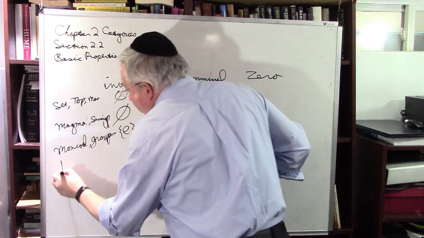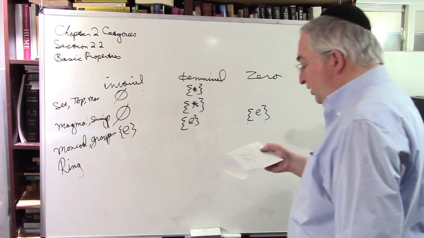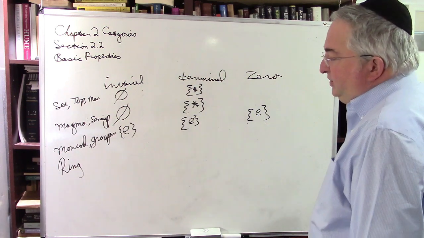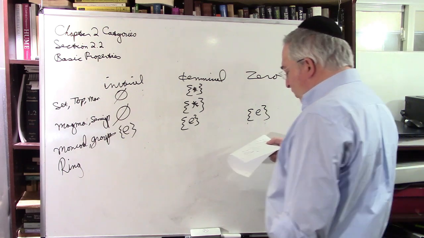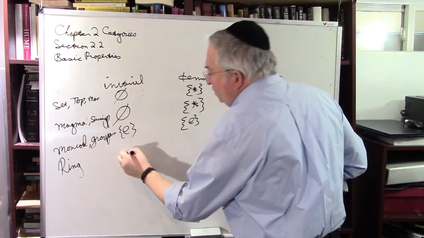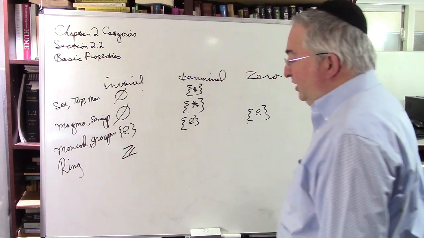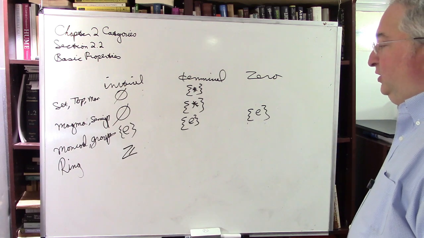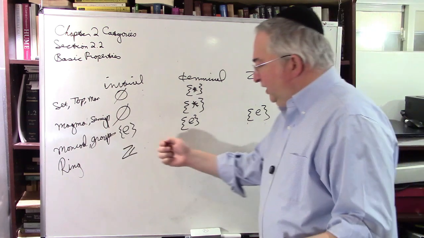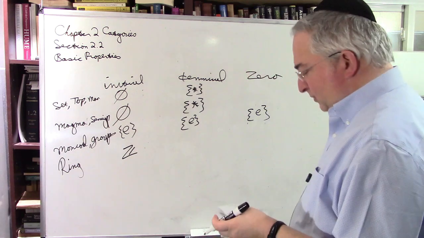Okay. Rings. Rings are interesting. They have pluses and minuses, and they have zeros and ones. Well, anyways, the initial object in the category of rings is the integers. The way to think of this is that it's the smallest ring that you can possibly have, because it has a 0, it has a 1, it has plus, and it has multiplication.